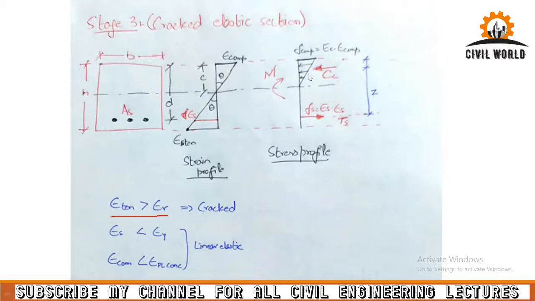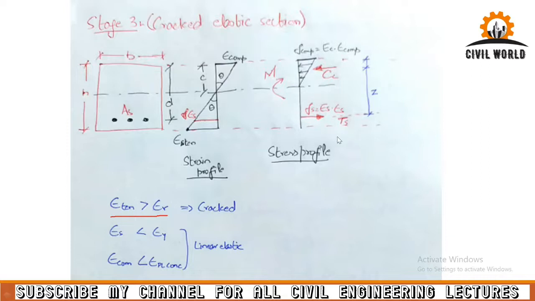For moment equilibrium, in previous stages you had tensile stresses in concrete as well. If you want to take the moment at this particular point, from where the resultant of the compression force is passing, you had to consider tensile stresses in concrete as well as tensile stresses in steel.